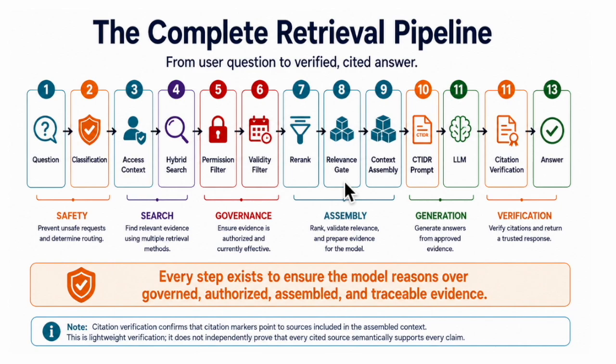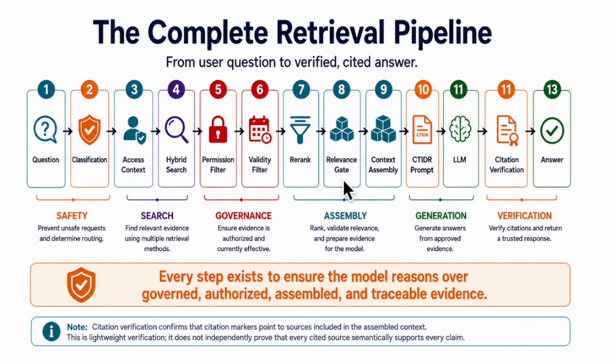If the highest ranked result does not meet the configured minimum score, the pipeline stops and returns "No relevant policy found in available documents" to the user. So retrieval candidates are not automatically treated as evidence. They must first demonstrate sufficient relevance.